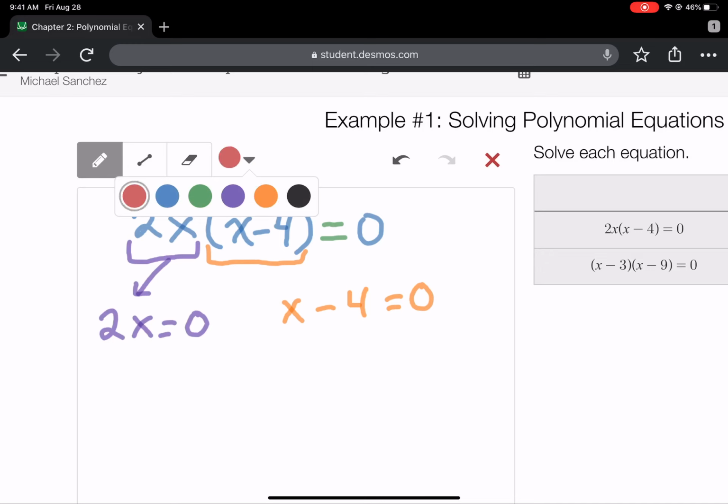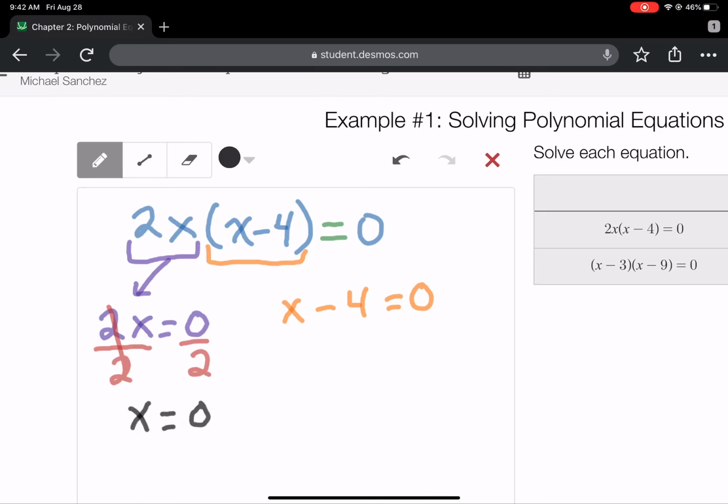So both of these are going to be equal to 0. And then I'm just going to solve these how I'm used to solving equations. Here I need to leave the x by itself. So I'm finding the solution for x. I'm going to divide both sides by 2 so I can eliminate this multiplication. So I'm going to get x is equal to 0. That is one solution to my polynomial equation.